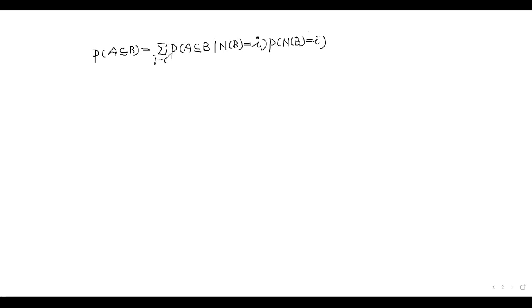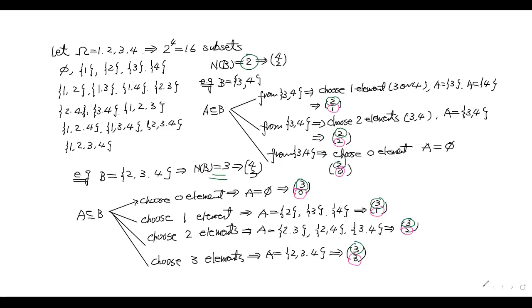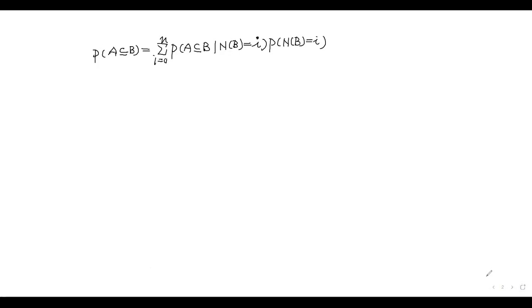I is from 0 to n, correct? That's just what we showed in the previous one. So you can say B is equal to 2, B equal to 3, B equal to 4, B equal to 1, B equal to 0, right?